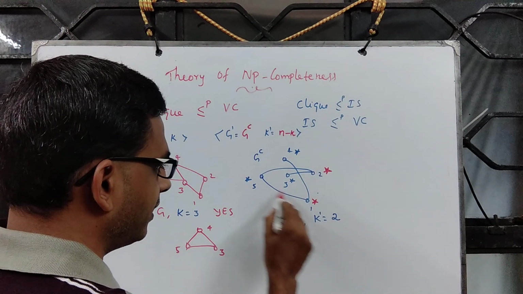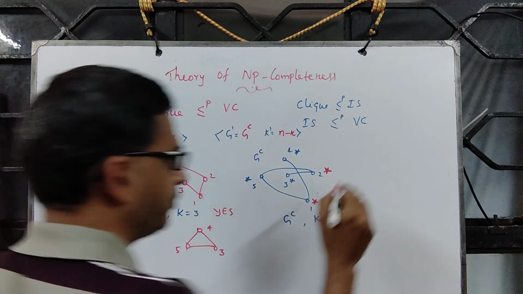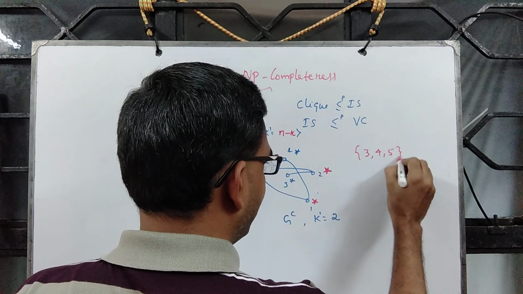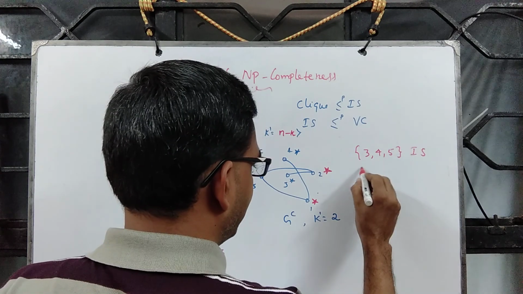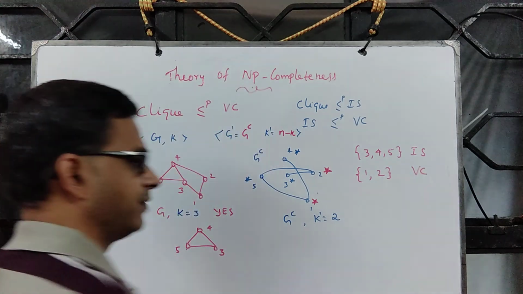You look at the edges: for each edge, at least one endpoint is present. So 3, 4, 5 is an independent set, and 1, 2 is a vertex cover.